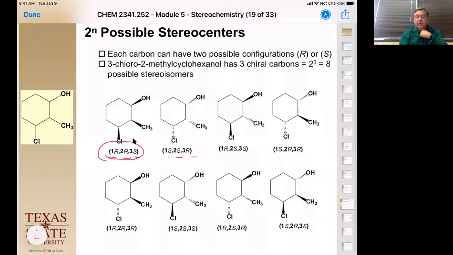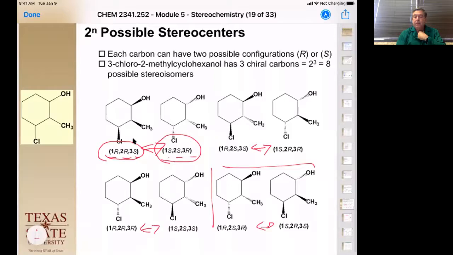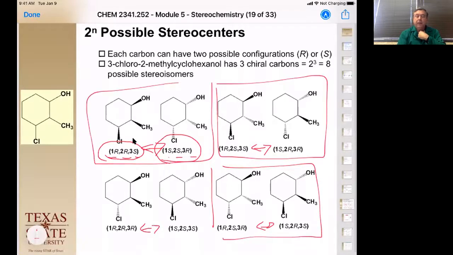So this would be an equal and opposite version of this right here. So these are probably enantiomers. SRS, so these are going to be enantiomers, these are going to be enantiomers, and these are going to be enantiomers. But this is going to be a set of 4 pairs in their set of diastereomers.